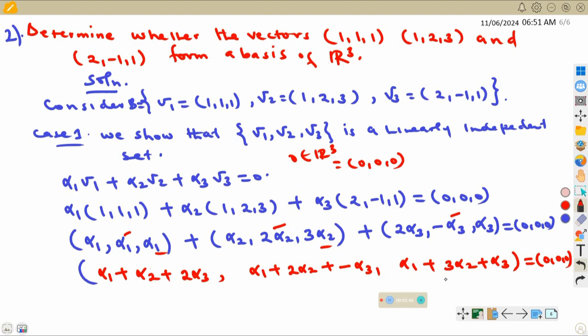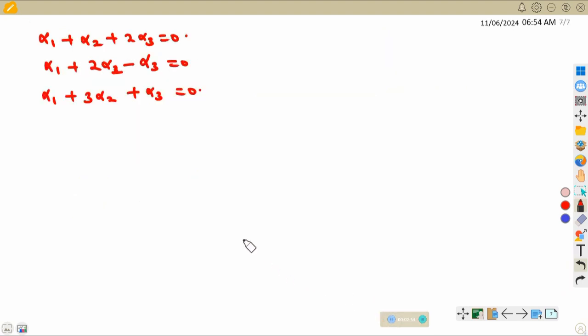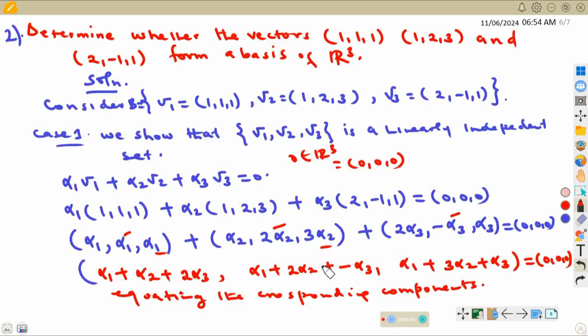So we shall equate the corresponding components. Equating the corresponding components, we obtain alpha 1 plus alpha 2 plus 2 alpha 3 equaling 0, the second expression equaling 0, and the third also equaling 0.